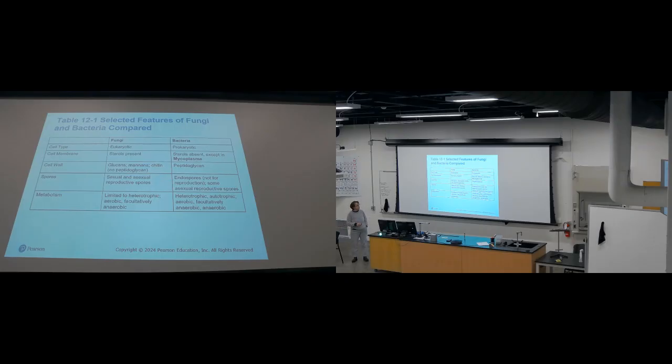That's why they call them mycoplasma, myco for fungi. Now, in terms of cell wall, the cell wall of fungi has glucans, mannans, and chitin, but it doesn't have peptidoglycan. So these are carbohydrates that the cell wall of fungi has.